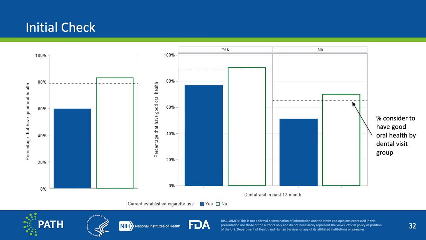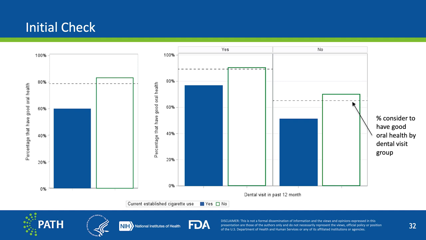We first examine the distribution overall and by the mediator. The graph on the left shows that for people who didn't use cigarettes, a higher percentage of them feel good about their oral health in general than the people who are currently using cigarettes. The dashed lines is still the overall percentages reported.